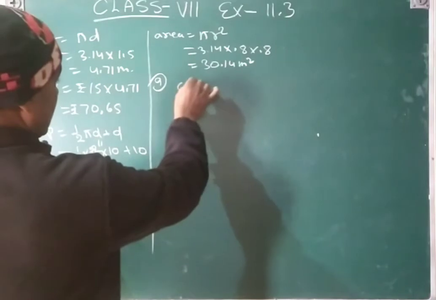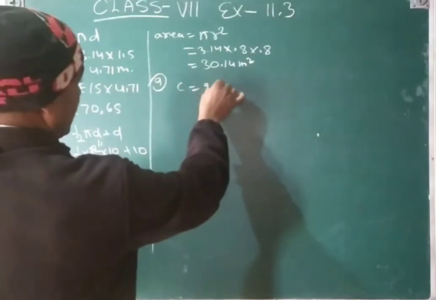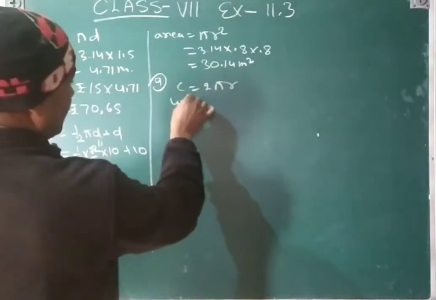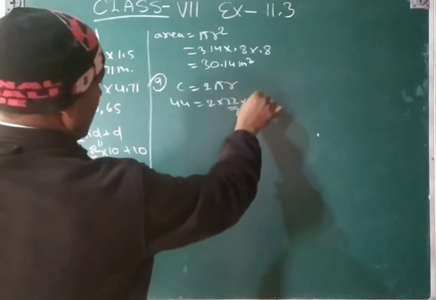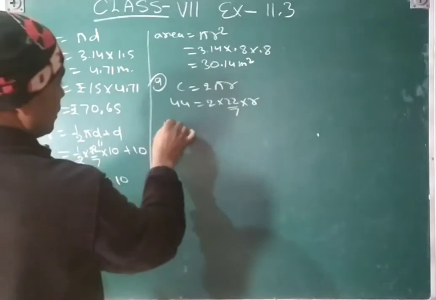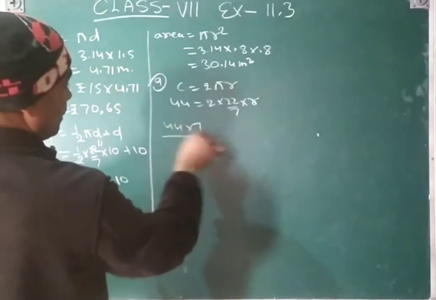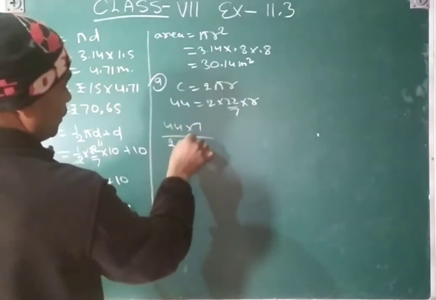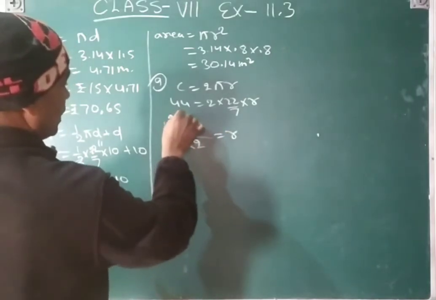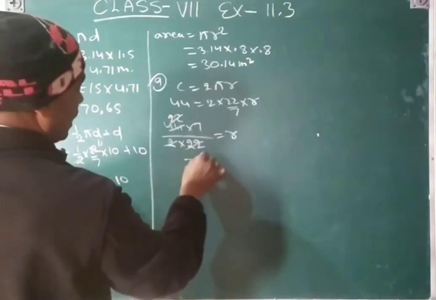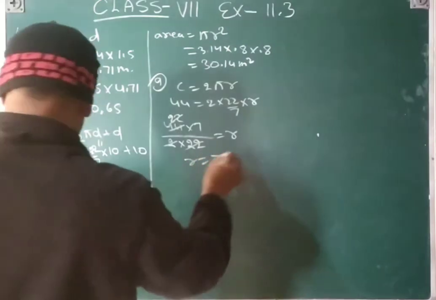So circumference is equal to 2 pi r, and the circumference is given as 44, and then 2 into 22 upon 7 into r. So these things will come to this side. So 44 into 7 upon 2 into 22 is equal to r. So the 2 22s cancel. So r is equal to 7 centimeter.